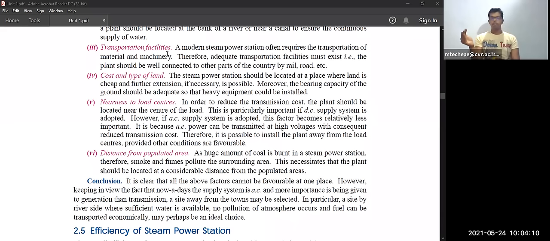Say one whole machine will comprise one lorry itself. Then we need to carry it. Sometimes it might be of 2 lorries, a 2 lorry size machinery.